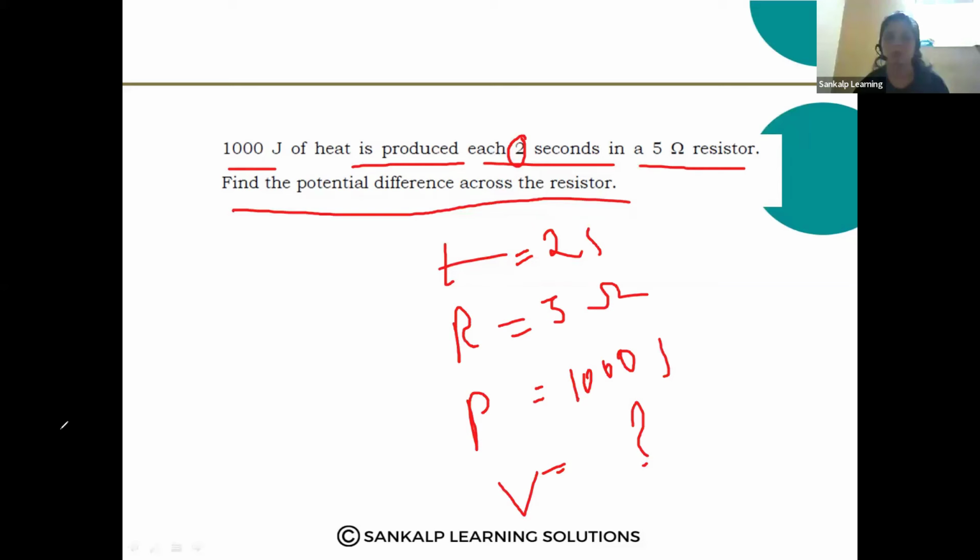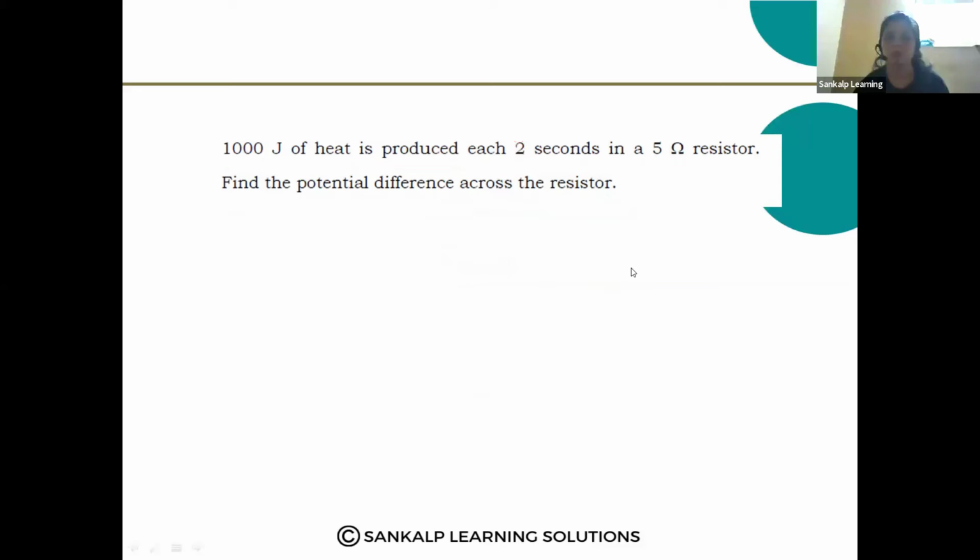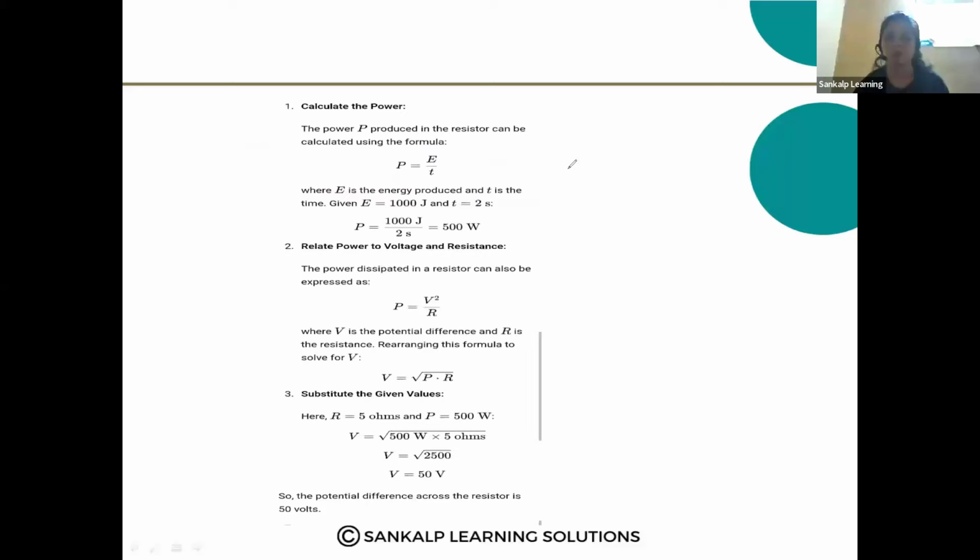Which formula will you apply for this? You know the formula, that is power is calculated using the formula P is equal to E by T. So we know E, that is energy. Time is 2 seconds, already given in seconds, no need to convert.